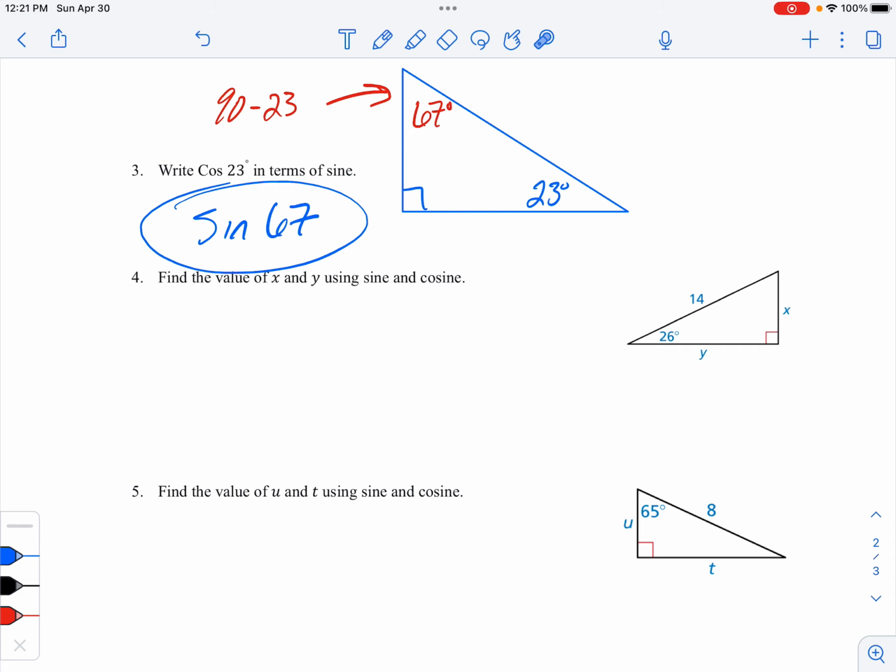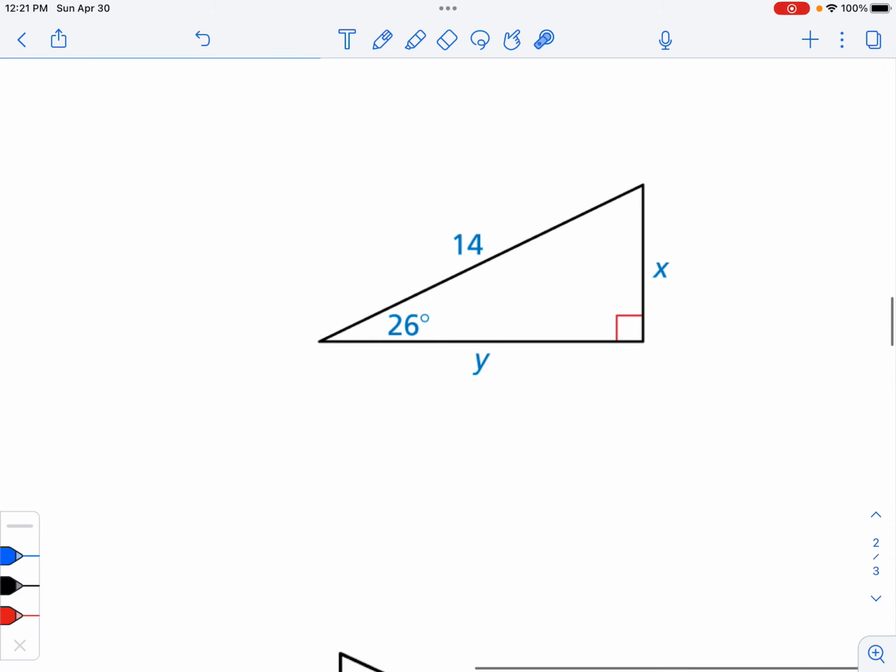So if I look at this triangle down here on the right, our thought process for this is going to be a little bit different. I want to walk you through that. We could start with either of these variables, x or y. Doesn't matter which one. I'm going to start with x. And so what we need to do is figure out which ratio we want to use.